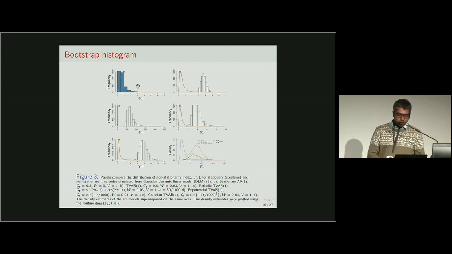The top panel is the bootstrapped non-stationarity metric for an AR1 process, and I will argue that SYT, the non-stationarity for AR1, is highly concentrated around the value 0, while for the non-stationary models generated by the other DLM models, we see that SYT stochastically dominates the SYT of the stationary time series. Okay, so a couple of applications.